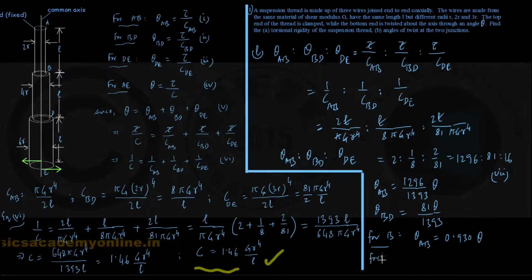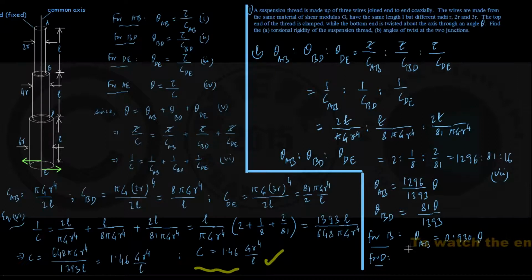And for the junction D, that is talking about this junction, here the angular twist with respect to this point A, the fixed point, should be the arithmetic sum of theta AB and theta BD, the twist of the upper cylinder as well as the twist of the middle cylinder.